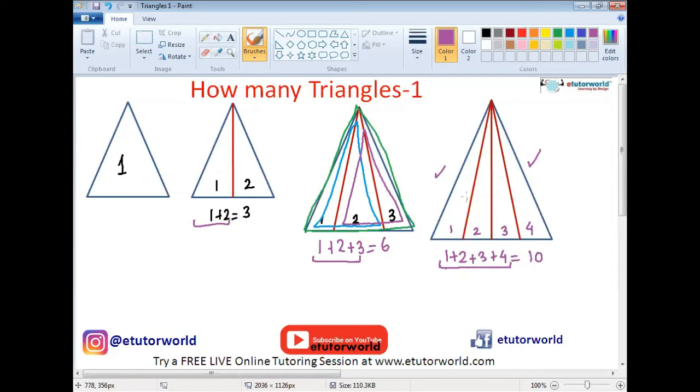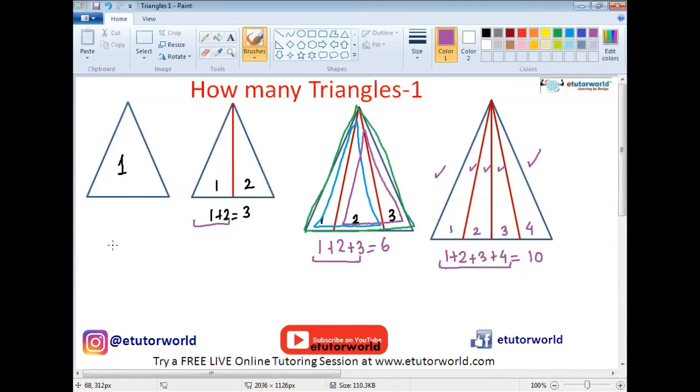Now here the number of lines was small, so we were able to find the answer. This formula or trick can be applied to any figure in which the triangle is divided by vertical lines only. Please remember, this trick is only for when the triangle is divided by vertical lines.